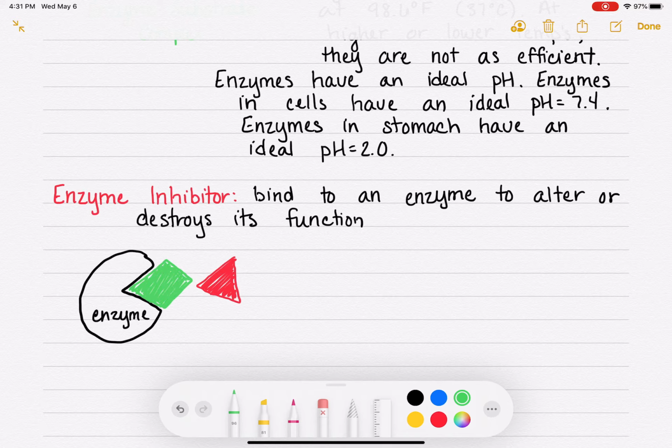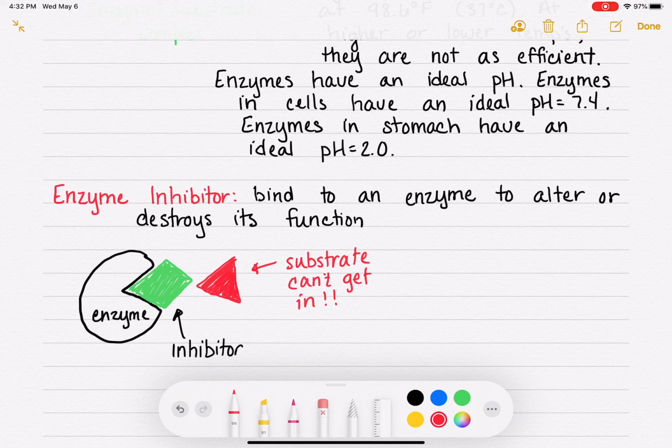So we could stick this inhibitor right into Pac-Man's mouth, and it prevents our substrate from accessing the pocket. So the substrate can't get into the enzyme, which means that the substrate cannot be reacted on.